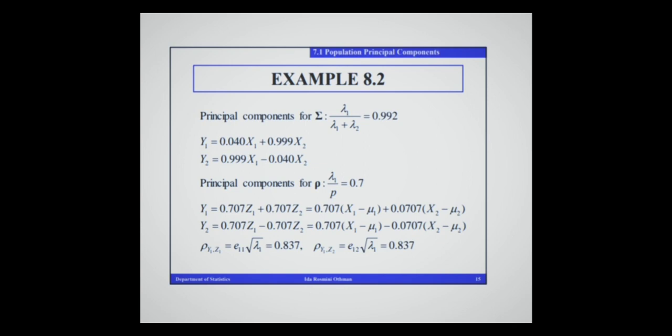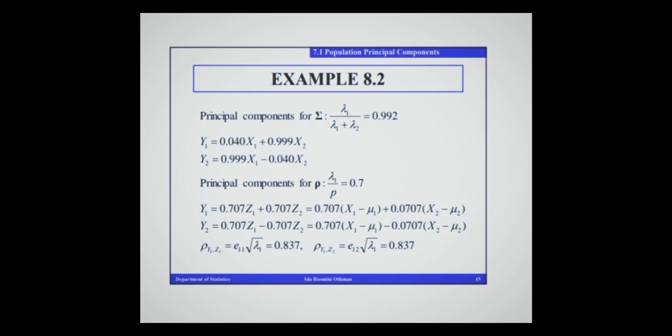Okay, so this is the principal component. Let's say this one, how does it get 0.992 here? In your textbook it is actually there, which is lambda 1 divided by lambda 1 plus lambda 2.